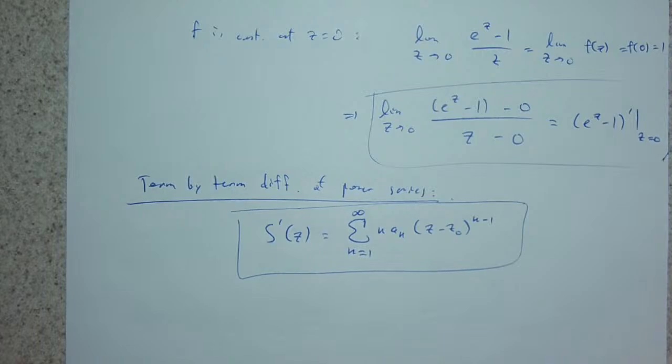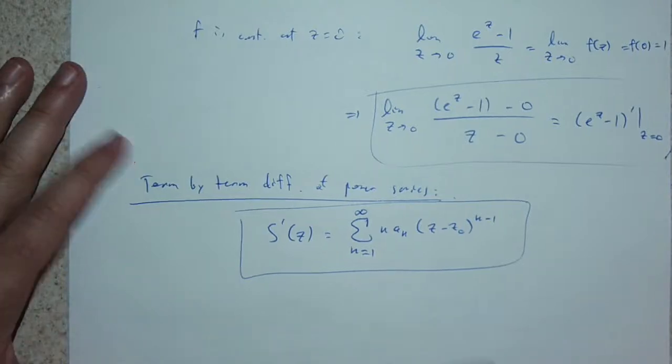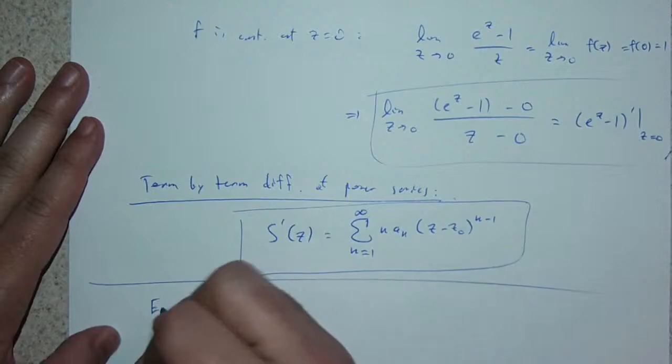This might seem like kind of an obvious thing, and it doesn't require too much complication. In fact, you can actually prove this from the previous theorem involving integration. But this is a nice thing. In fact, let's do the following example.